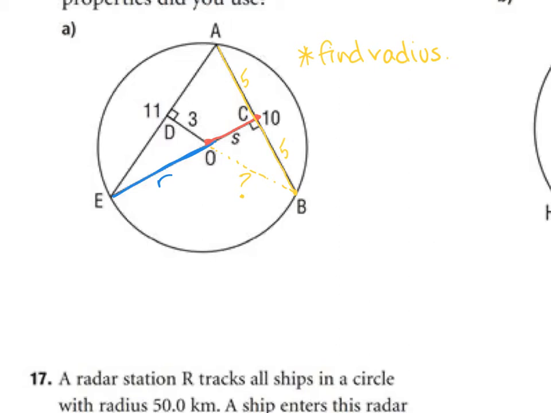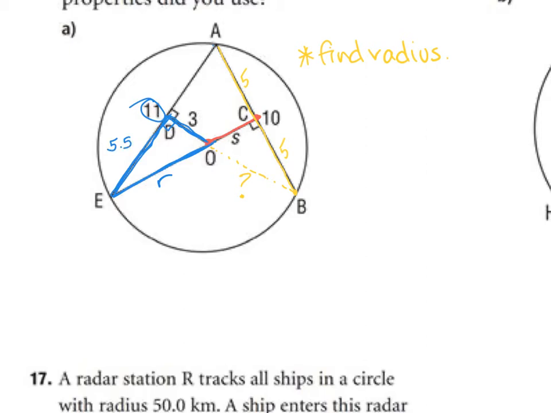Is there a way that I can find this missing R? Well, it's part of this triangle here, where I know this side is 3. I have a 90-degree angle. And this side here is half of 11 because it's part of this bigger chord. So this side here is half of 11, or 5.5.